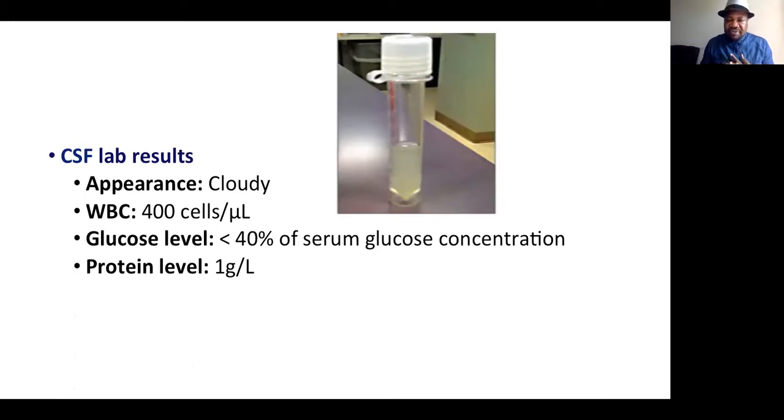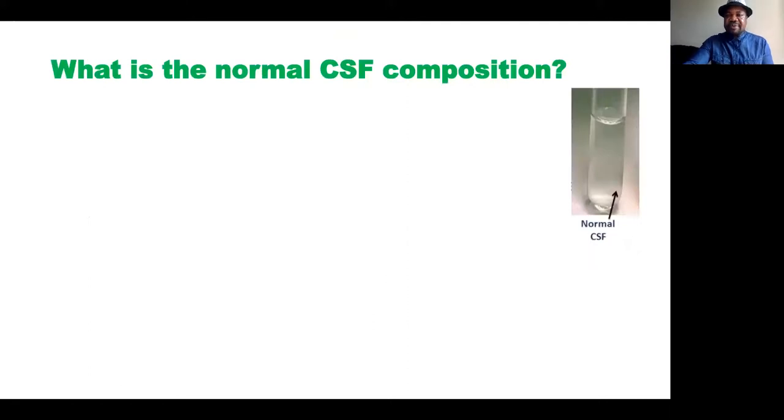The glucose level is very low, and the protein level is around 1 gram per liter, okay? So this is a chronic condition, chronic meningitis. This clinical presentation can already make you suspect, okay, and supports your diagnosis of cryptococcal meningitis.